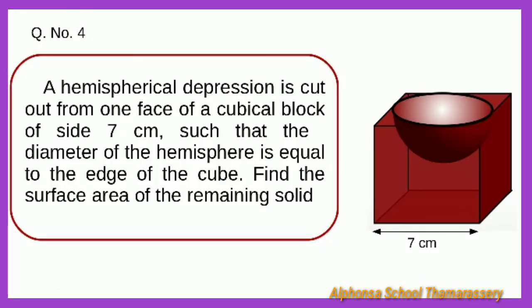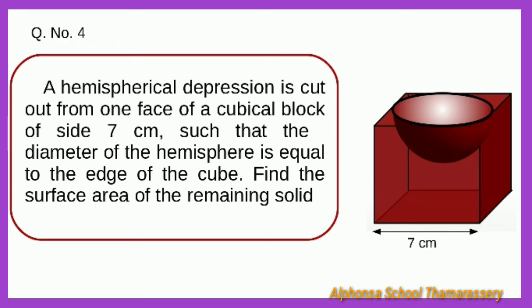Question number 4. A hemispherical depression is cut out from one face of a cubical block of side 7 cm such that the diameter of the hemisphere is equal to the edge of the cube. Find the surface area of the remaining solid.